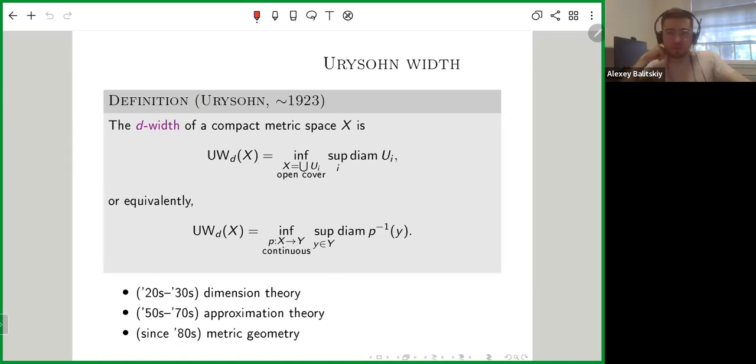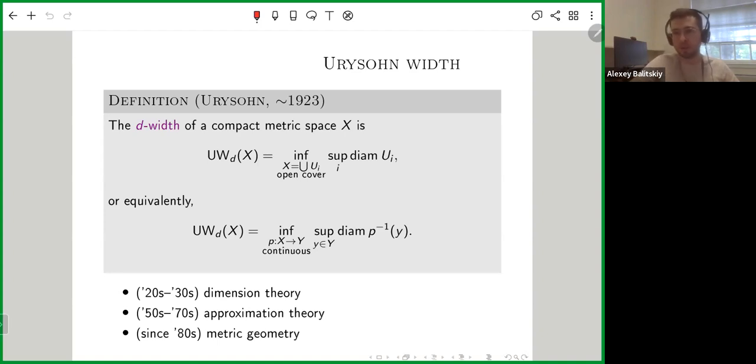So it was introduced and used a little bit in the works of Pavel Alexandrov in the context of dimension theory. There was some research done in the 50s, 60s, and 70s by a bunch of Soviet geometers, like, to name one, Tikhomirov, I guess.